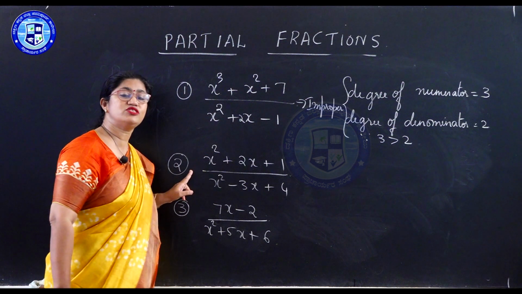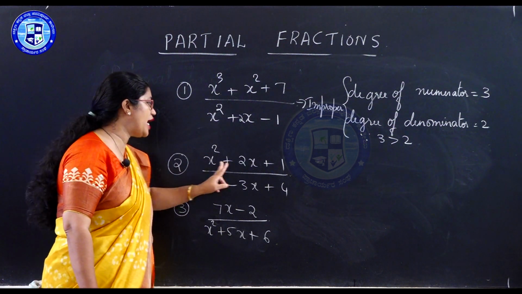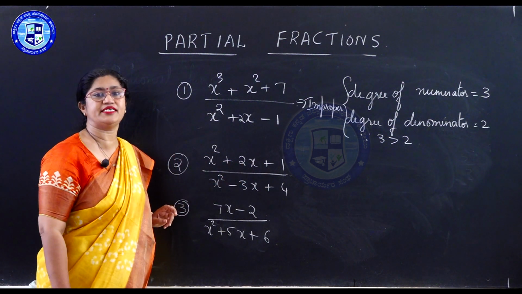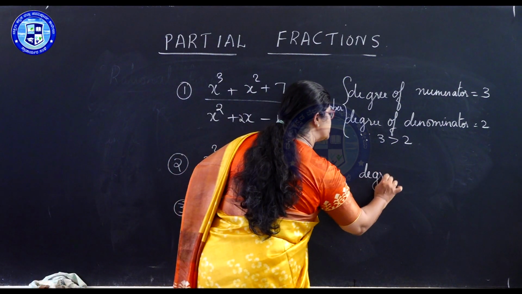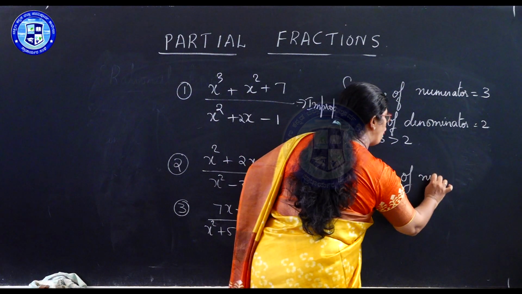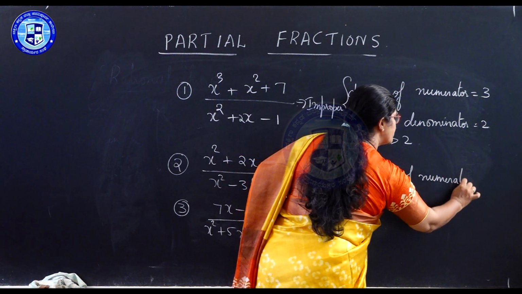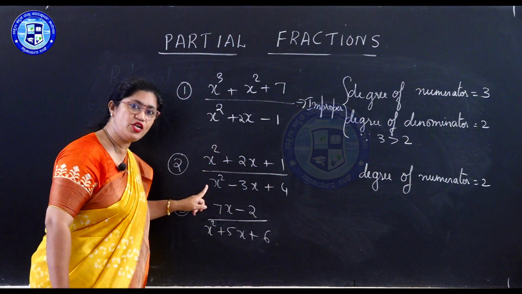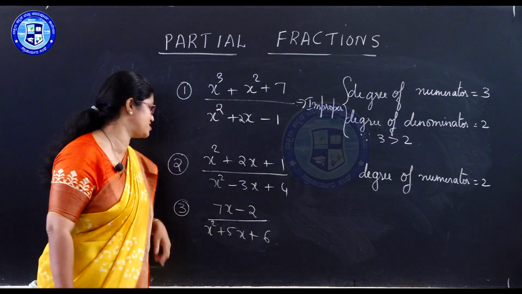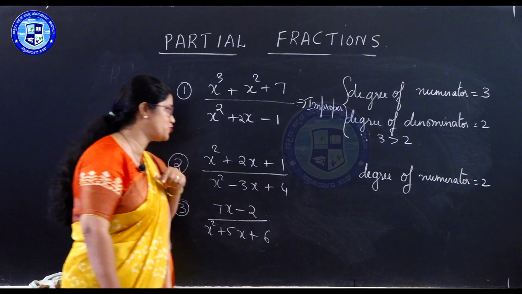Now come to the second example. Look at the degree of the numerator, the highest power of x is 2. So here again I can say that the degree of the numerator is equal to 2. And again look at the denominator, the highest power of x is 2, right?